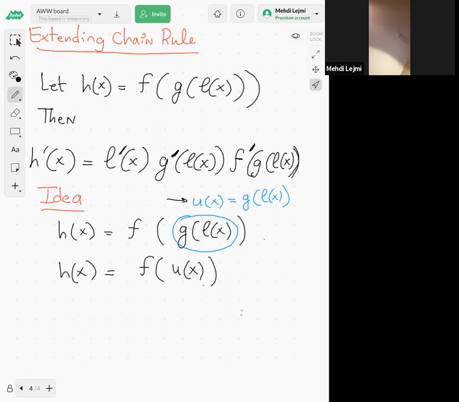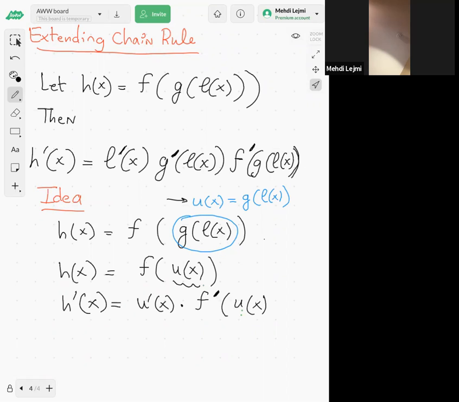If you want to compute h prime, now I have just two functions. My h is a composition of two functions, f and u, and we do know how to compute the derivative of the composition of two functions. That will be equal to the derivative of the function inside, so that's u prime of x, times f prime of u of x.